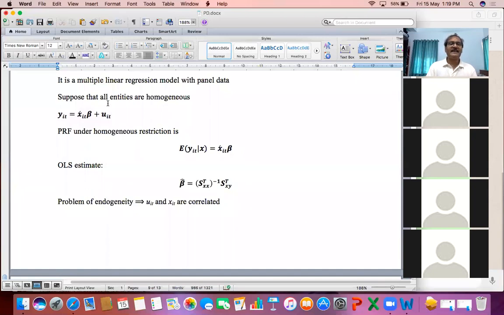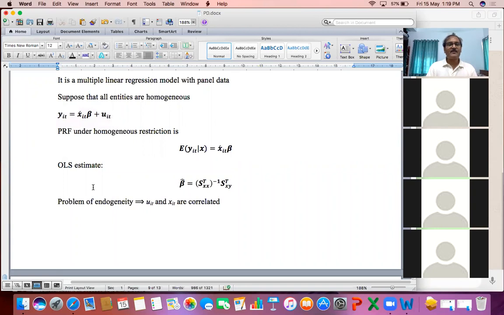You can easily understand. Within U you have the level of intelligence, and X denotes the level of education. The level of education will be highly related to the level of intelligence, and the level of intelligence is a component of U. As a result, the level of education X is correlated with the error term U, and you have to face the problem of endogeneity.